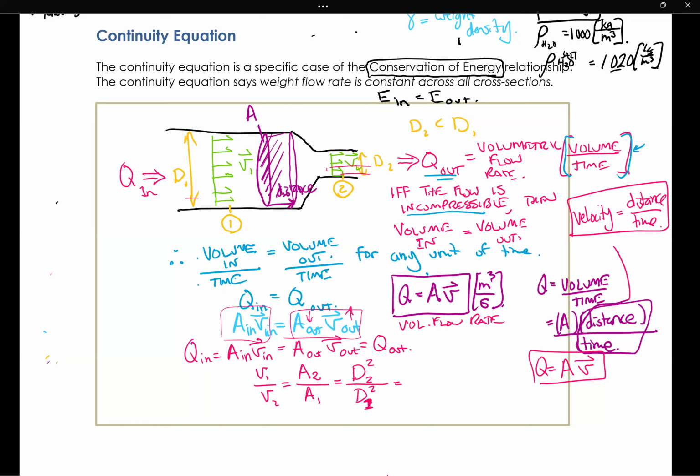And if we want to rewrite that, we can say it's d2 over d1 all squared. Now, some textbooks talk about this. I don't really. I always just remember Q equals AV in is going to be the same as Q equals AV out. And those relationships are going to be the same.